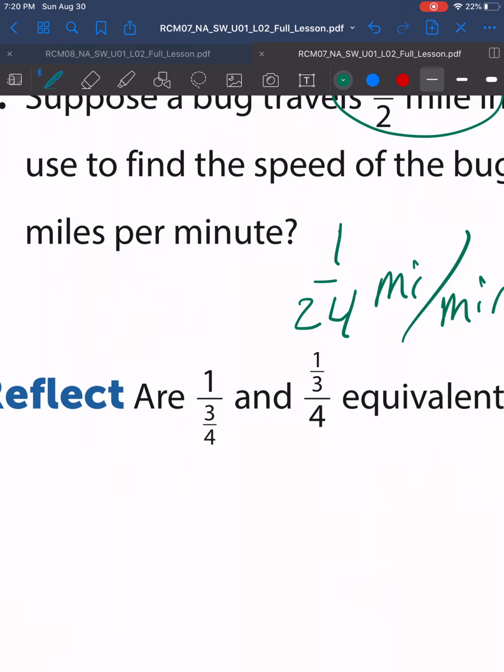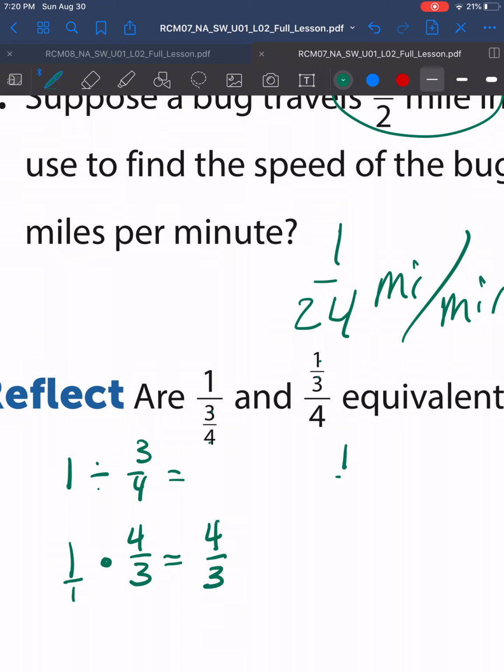Are 1 divided by 3/4 and 1/3 divided by 4 equivalent? Well, no, because 1 divided by 3/4, if I skip it, flip it, and multiply, would equal 4/3, right?